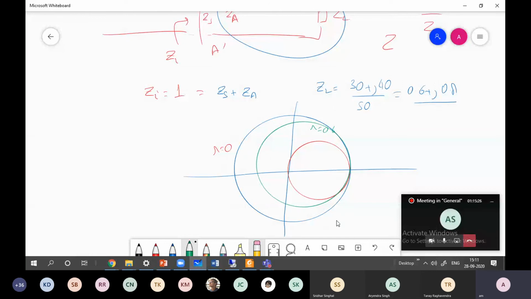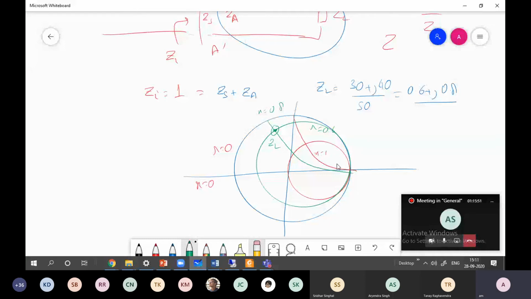This is X equals 0, this is X equals 1, and X equals 0.8 will be somewhere here. The intersection of these two gives my normalized ZL, this point.